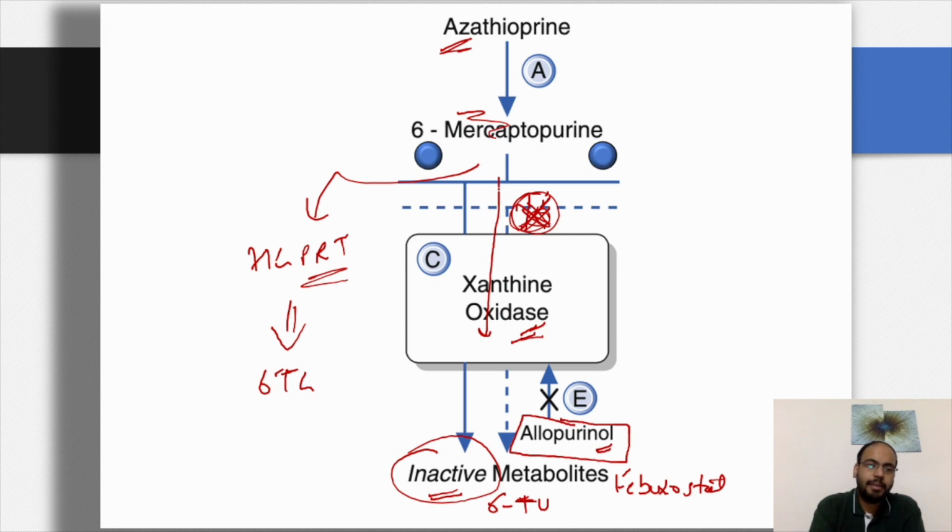And the HGPRT pathway will lead to more 6-TG formation, and it will lead to more effects and subsequently side effects like life-threatening myelosuppression or increased chances of infection, disseminated infection, or hepatic damage. So make sure that your patient is not taking allopurinol or any other kind of xanthine oxidase inhibitor, so that it doesn't push azathioprine towards the HGPRT pathway.